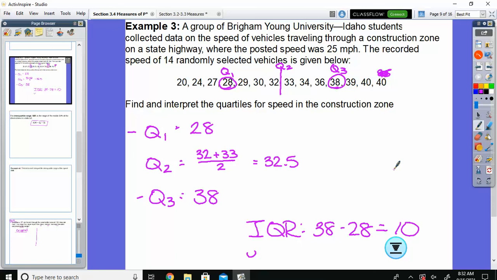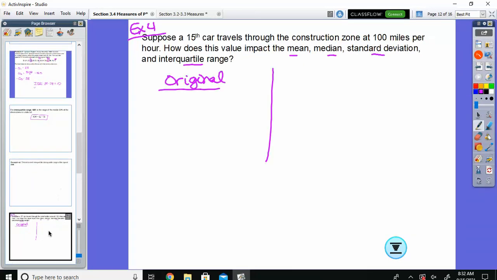We have all 14 values. Then if you go over to Stat, Calculate, one variable statistics, if you scroll through the list, it actually gives you everything. The mean, the first thing, our X bar, was 32.1429.